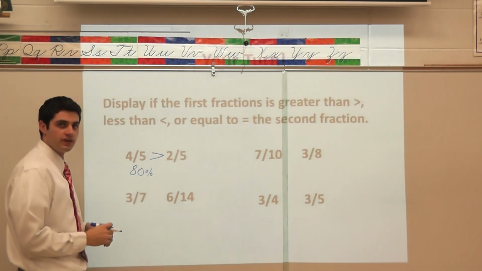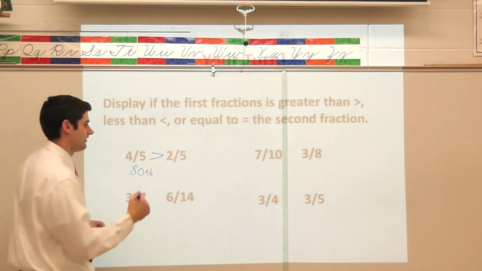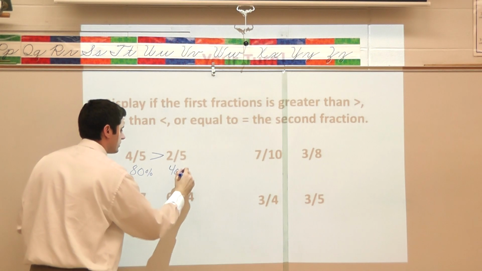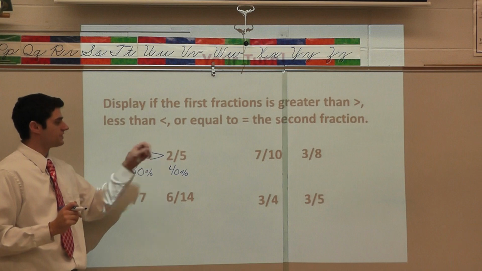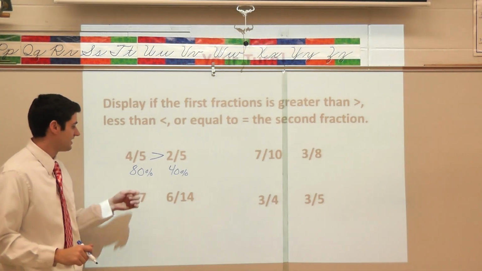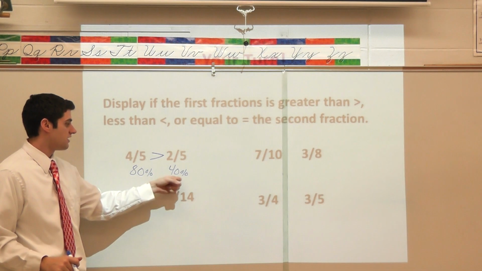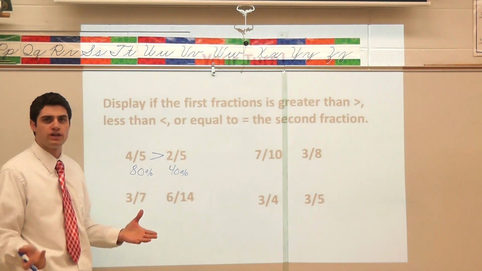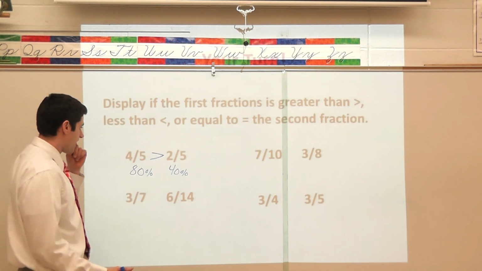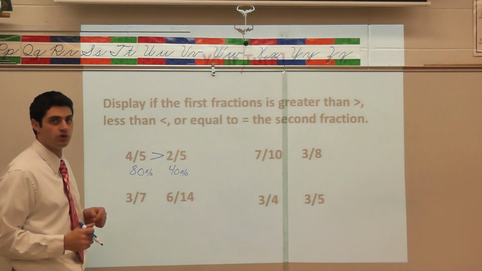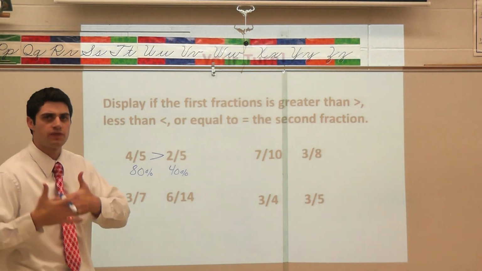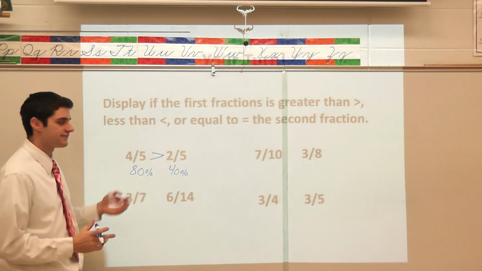And if you have 2/5, it becomes 40%. So I could turn 4/5 and 2/5 into percents and say 80% is greater than 40%. Think of it like a quiz. If you get 4 out of 5 right, that's going to be greater than getting 2 out of 5 right. So just a different way to think about these fractions.